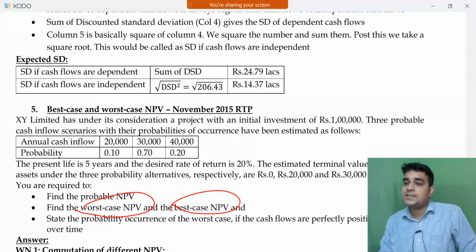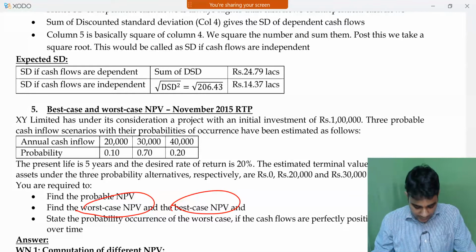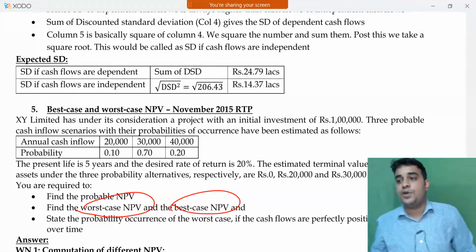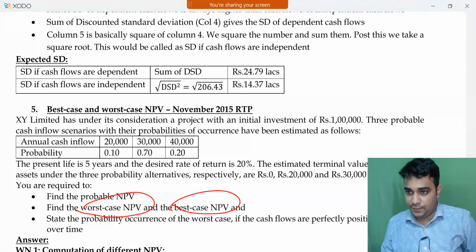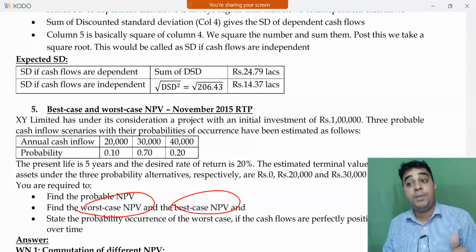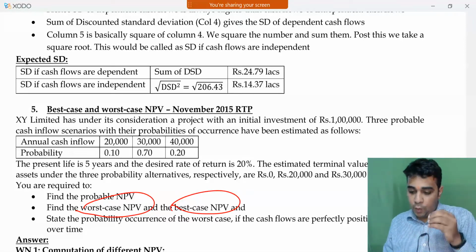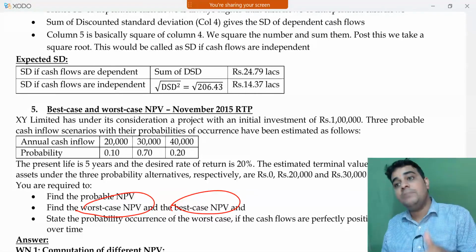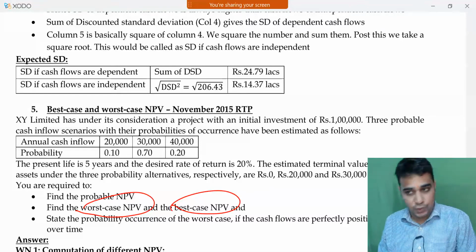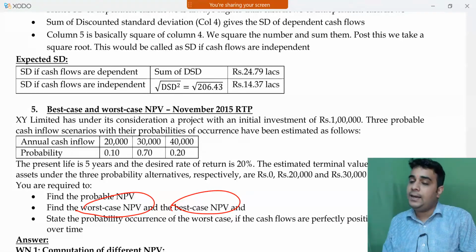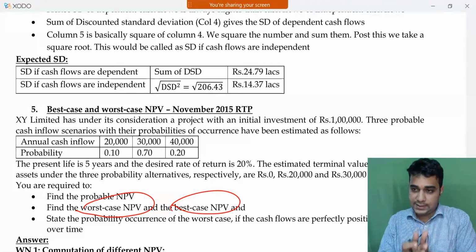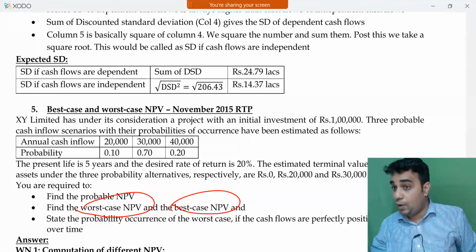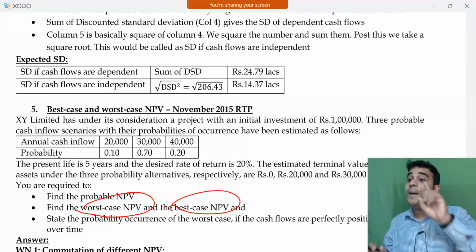When a question asks for worst case NPV or best case NPV, what you are required to do is, for every cash flow you will have to separately calculate NPV. Once you get the NPV separately for every cash flow, from there on, if the question says also calculate standard deviation, or also calculate expected NPV, all that is possible. I go back to question 1.